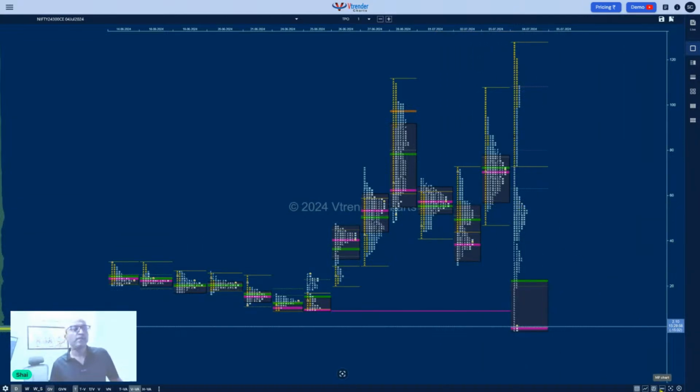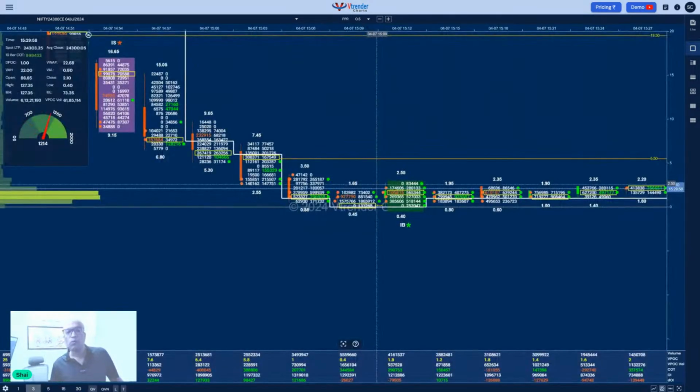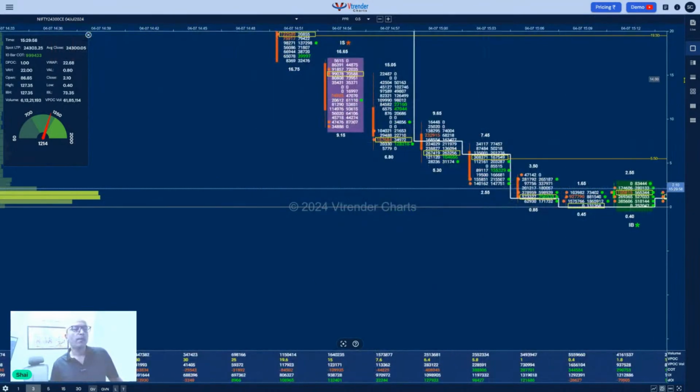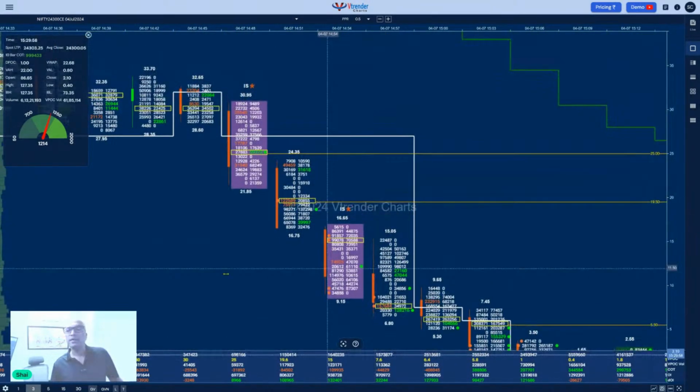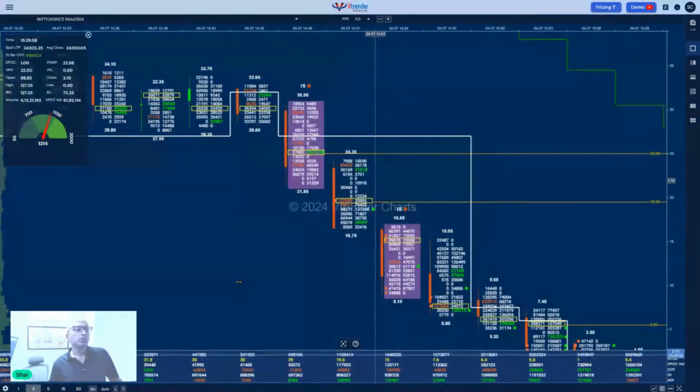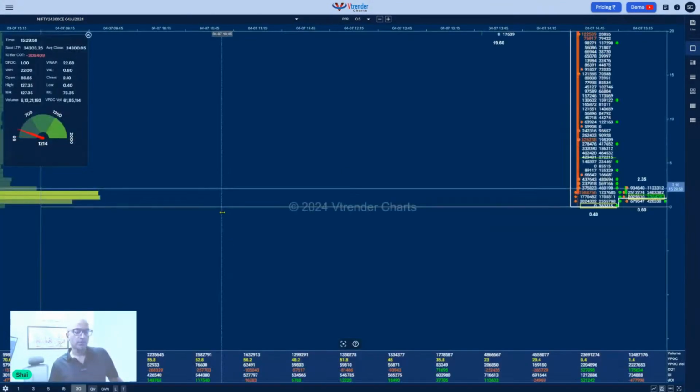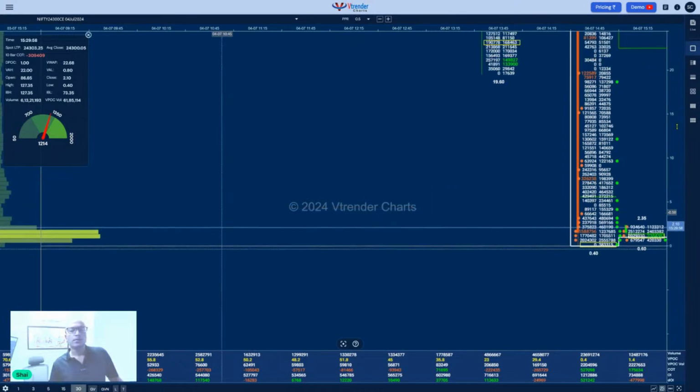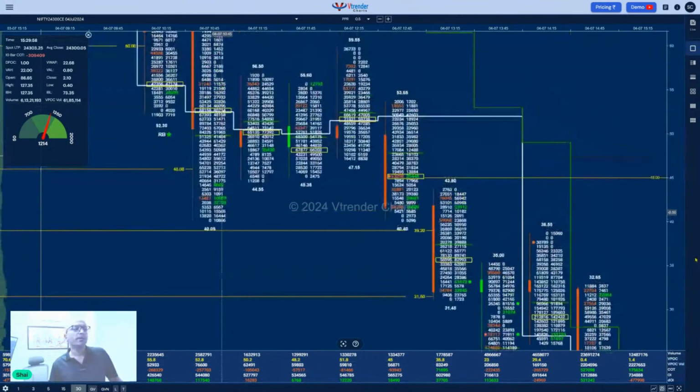The other way you can do it is to go through this menu over here and look at the open interest built up via the order flow also. Right at the open, this is the order flow of the 24,300 today.